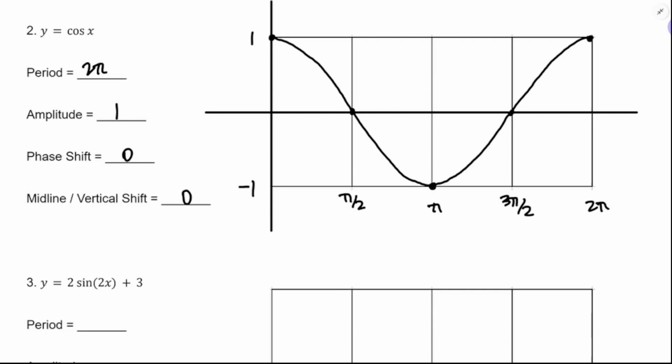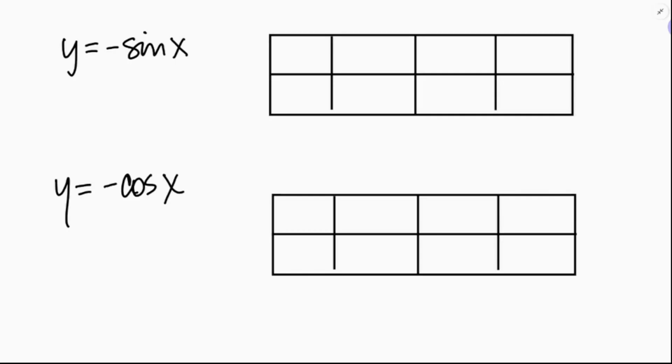Alright, there we go. Now, I think it's also going to be important for me to mention, maybe I'll go off on a different page. Yeah, these are going to be some rough sketches, but I should also talk about negative sine and negative cosine. So, y equals sine x starts in the middle and starts coming up. And so negative sine is just going to do the opposite. It's going to go down, like that. Of course this is not a very good sketch because the rectangles are not squares or evenly spaced.